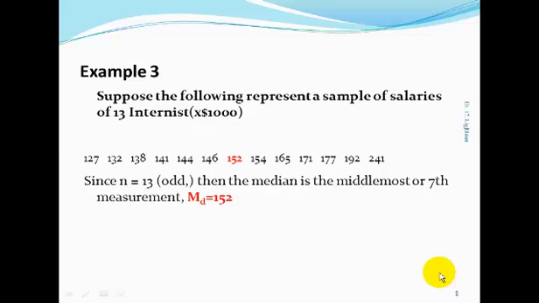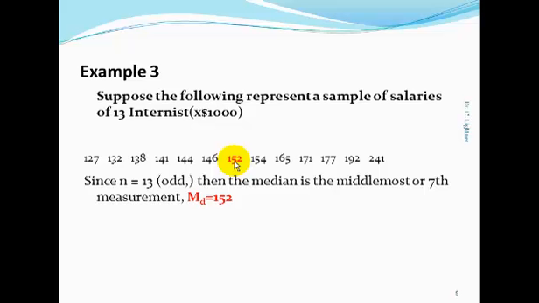In this example, we have the salaries of 13 doctors. We have arranged these salaries in ascending order. Since there are 13 numbers present in this data set, this is an odd number, so we can identify the number that is exactly in the middle. After arranging these numbers in ascending order, we see that 152 is the number in the middle position.